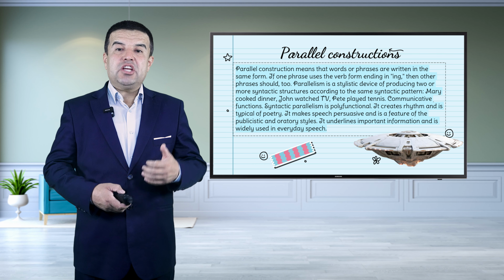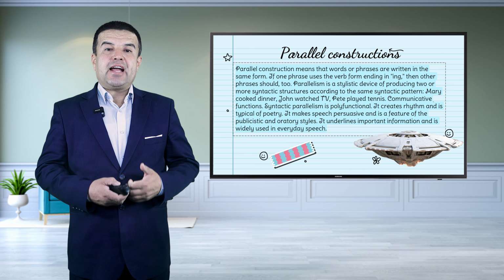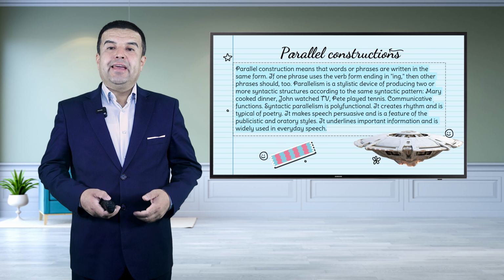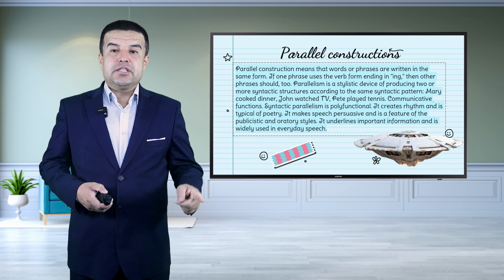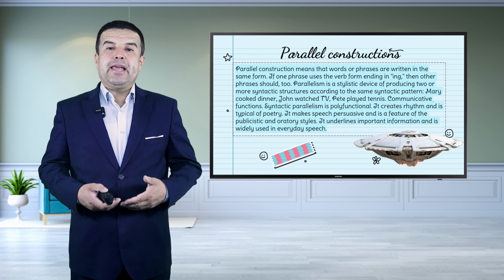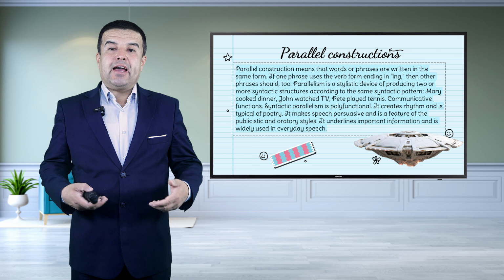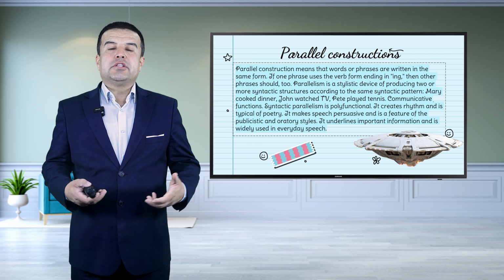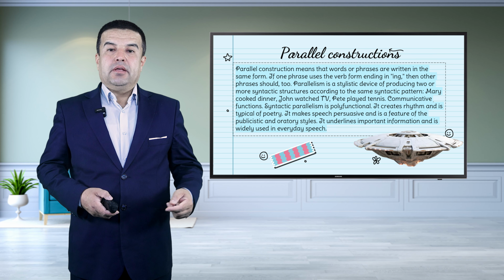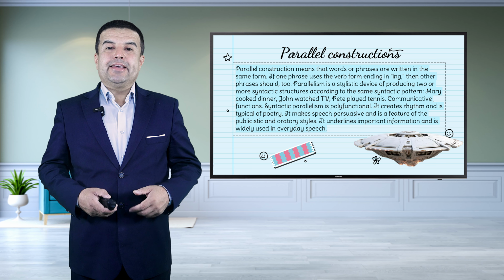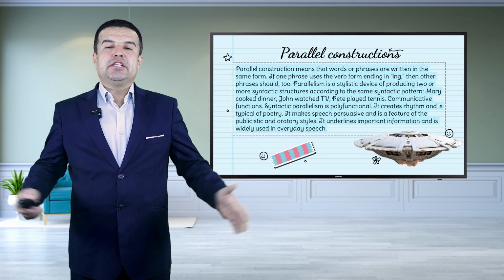In its communication function, syntactical parallelism is polyfunctional. It creates rhythm and it's typical of poetry. It makes speech persuasive and it's a feature of publicistic and oratory style. It underlines important information and is widely used in everyday speech.